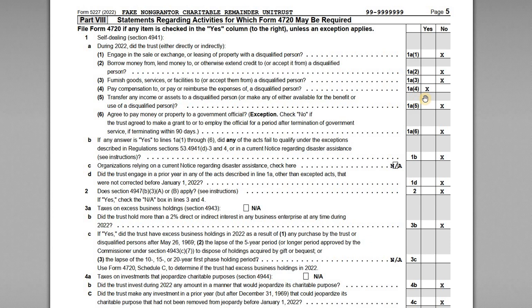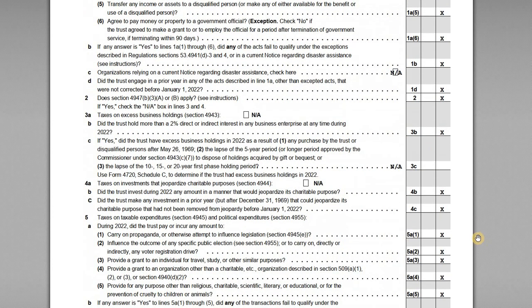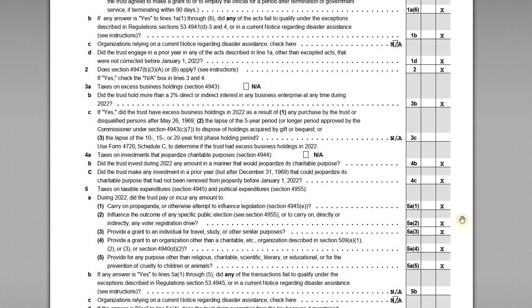So most of the time we are answering question 1a(4) yes, because we did pay compensation to a disqualified person. But then the exception applies generally under this regulation, right? So question 1b asks, if we answered yes to any of these lines, did any of the acts fail to qualify under the exceptions? And the answer is no, they did not fail to qualify because we paid this third-party trustee and the compensation was reasonable. All right. So then move on through the rest of the questions, answer them yes or no accordingly.